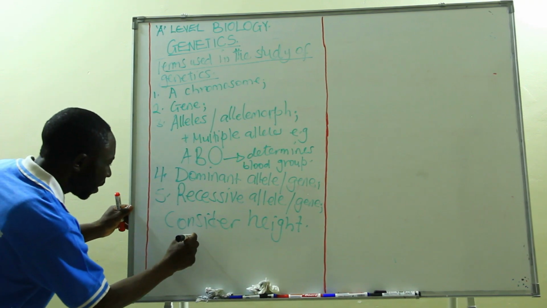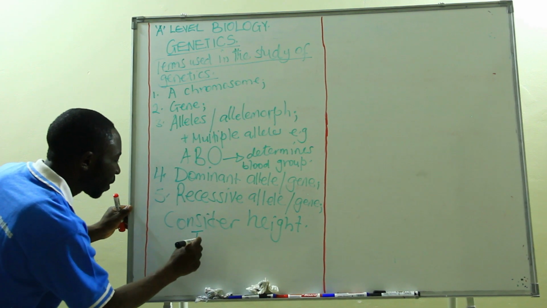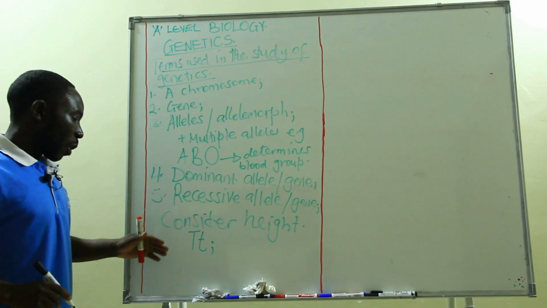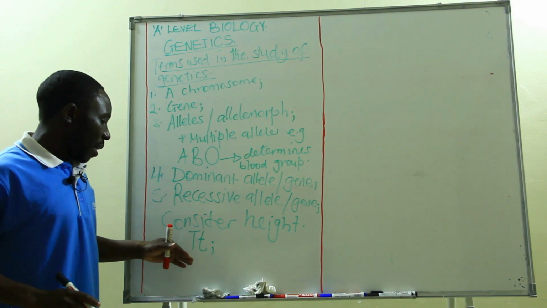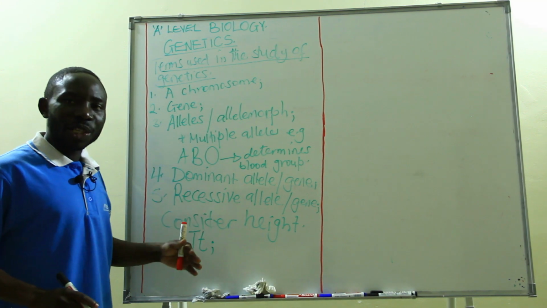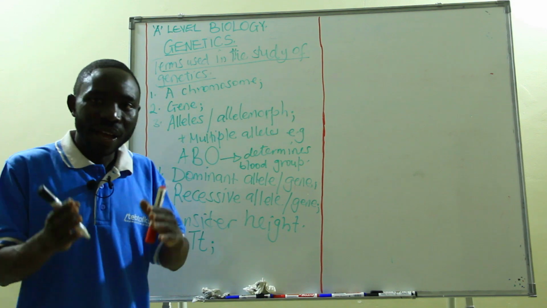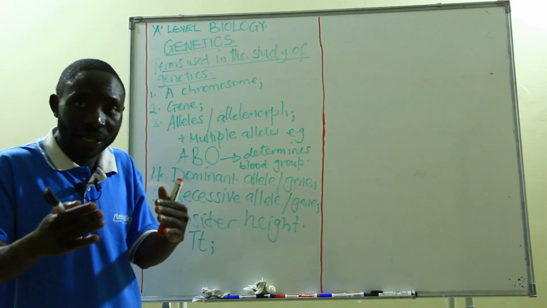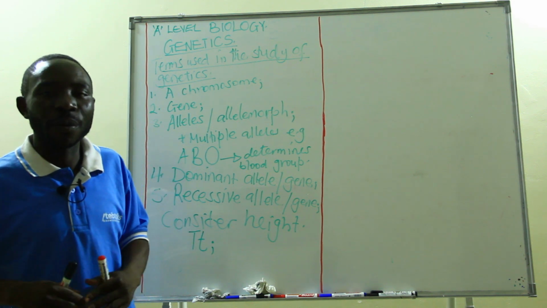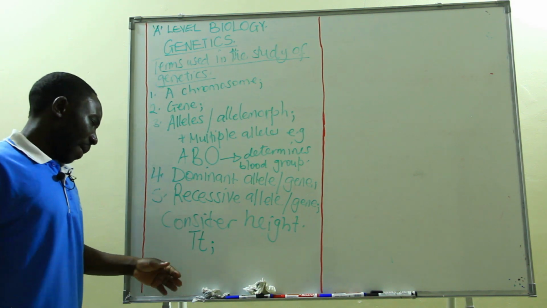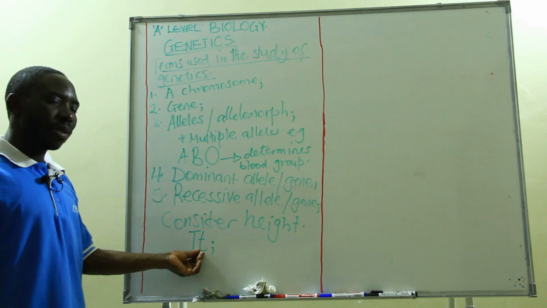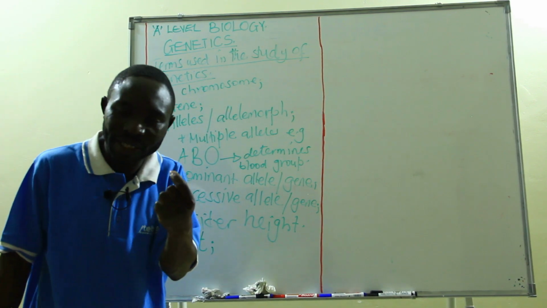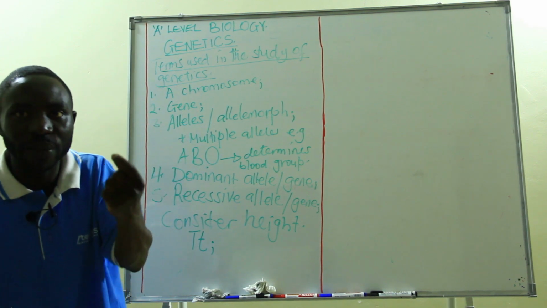And the gene is denoted by capital T and small t. This is because gene representation is such that a dominant gene is represented by a capital letter of a given alphabet, and the recessive gene or recessive allele is represented by a small letter of the same alphabet.